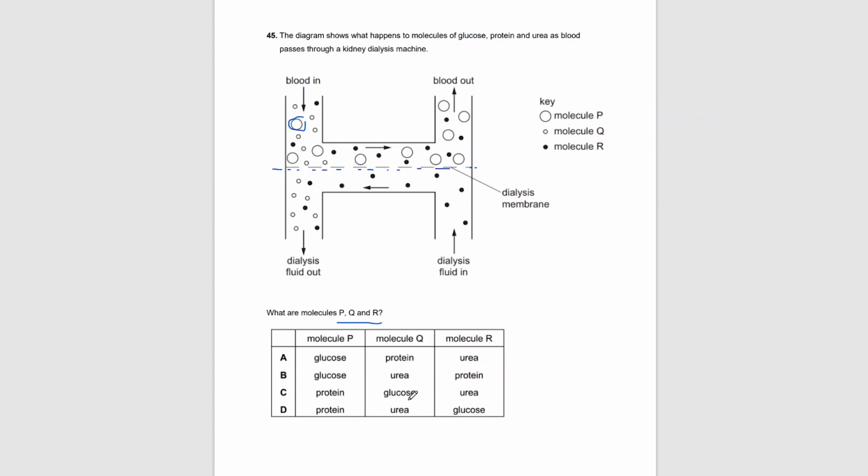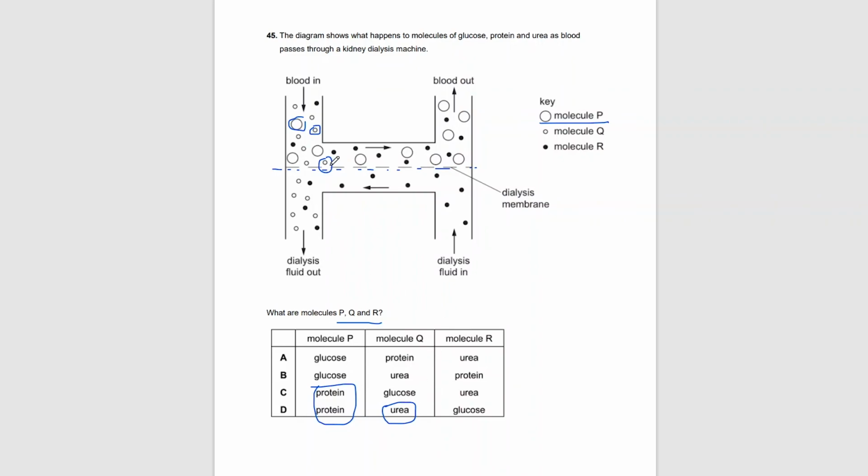Proteins are such molecules, which means these large molecules, P, will be proteins. The small white dot ones are the ones that move into the dialysis fluid. These are small molecules that pass through into the dialysis fluid and are filtered out of the blood. So urea are those molecules that act in this way, because urea is what we need to filter out. They are small molecules that can pass through the membrane and into the dialysis fluid.